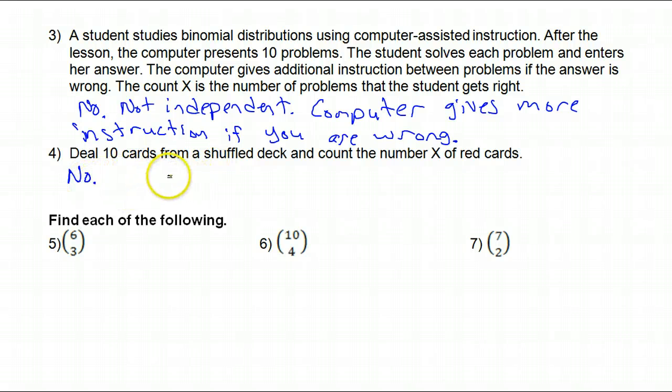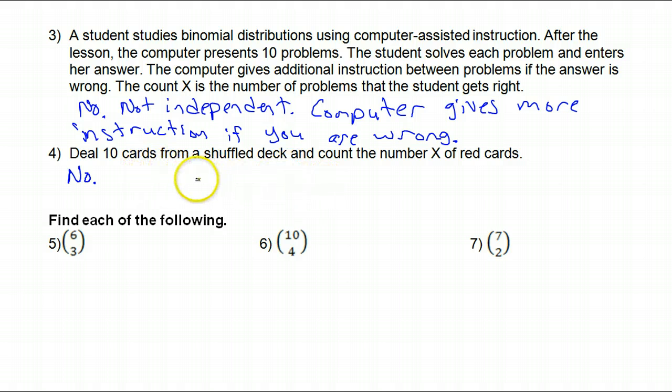One reason is because if we're counting red cards, right at the beginning, there are 52 cards in the deck. Half of them are red, so that means that there are 26 red cards. So there's a certain probability before you get started.